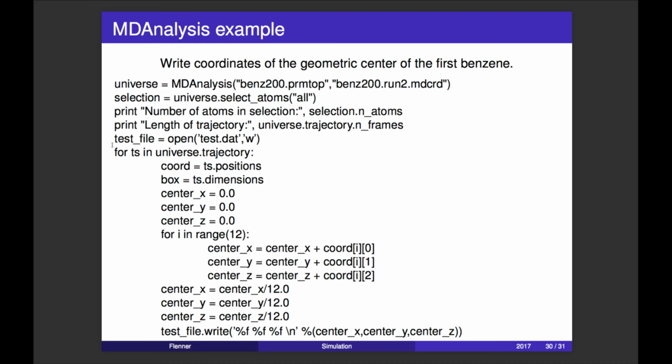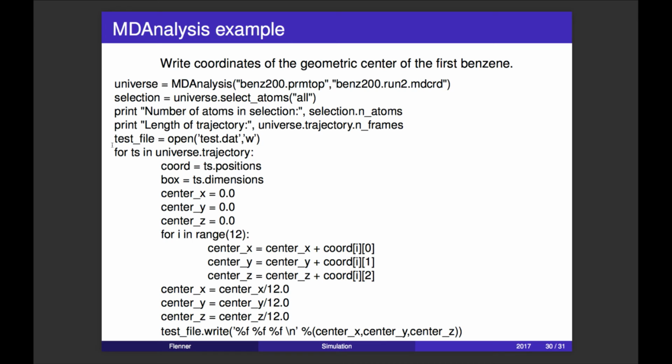So I get the coordinates, the box, and find the centers, equal to 0. Then I'm looping over i in range 12, which is the 12 atoms of my first benzene molecule.